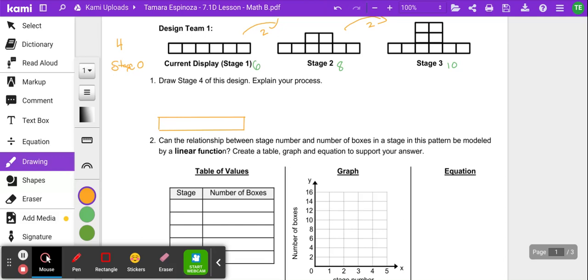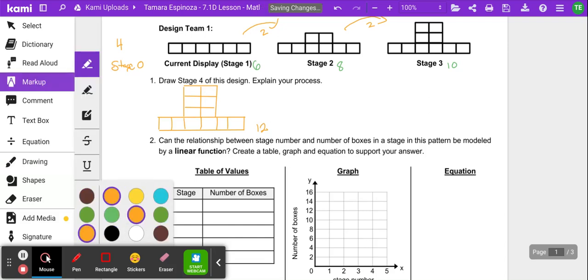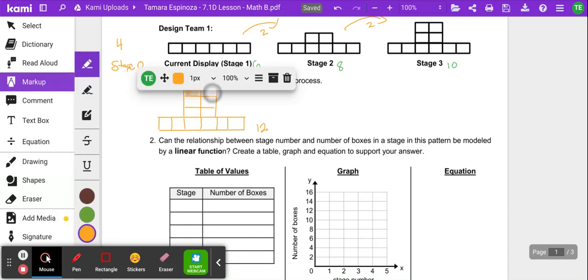Okay, so I know there's 6. I had 2 up before, but now it's going to be 3 up. Then I know I have a total of 12 because I added these 2 to that middle.